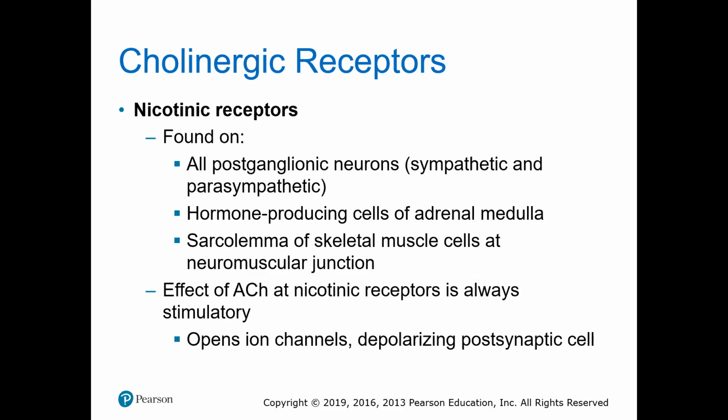Nicotinic receptors are found on skeletal muscle. That's what we have at the motor end plate, at the neuromuscular junction. Those are nicotinic receptors. It is always going to be a stimulatory response. We are always going to cause a depolarization on the postsynaptic side.